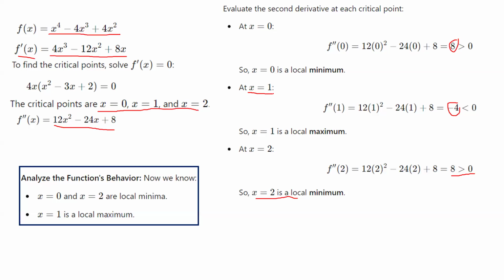Now, where is the global minimum? Is that at 2 or 0? 2. Why? Because it is the maximum value, comparing between the two minimums.